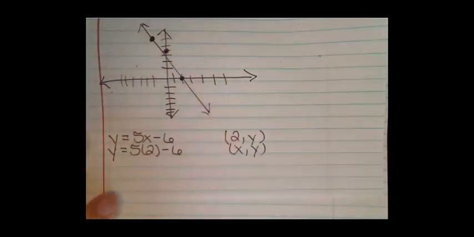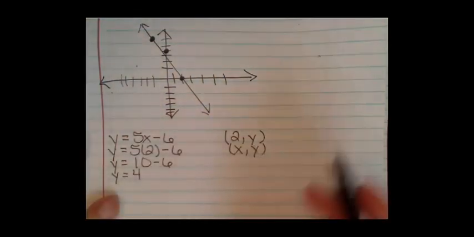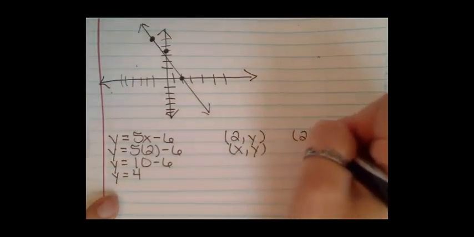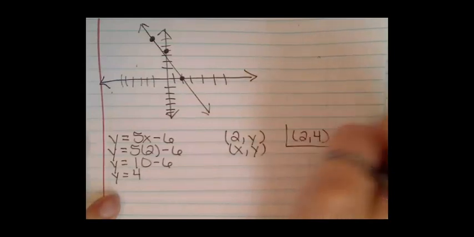So for this equation, anywhere that there's an x, we need to put in a 2. So that'd be y equals 5 times 2 minus 6. Now we just need to simplify this to come up with our y value. That's 10 minus 6, so y equals 4. So our ordered pair would then be (2, 4). I will work one of these straight off of your homework in just a moment.